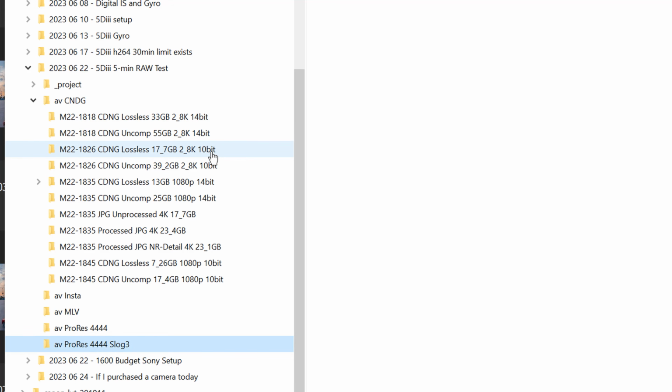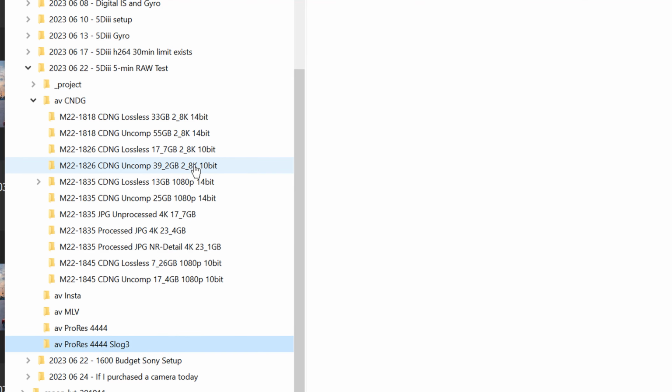And does 10-bit give me a lot of latitude, or do I lose anything? So what I found is that a 5-minute file, 2.8K raw, 10-bit, instead of 33 gigs, is 17.7, almost half the size. And if I did uncompressed, it's about 40 gigs. So the same didn't translate over into uncompressed raw, but that's okay.